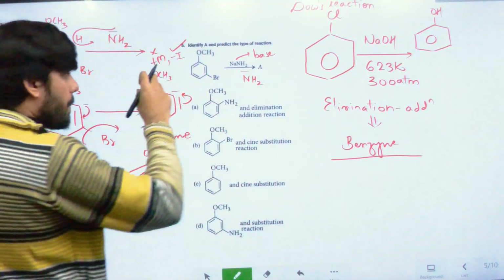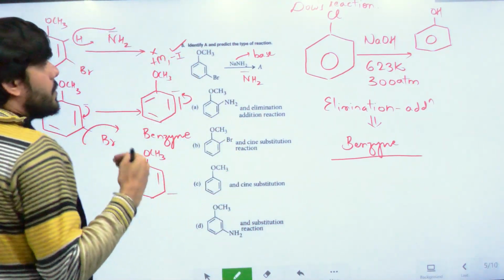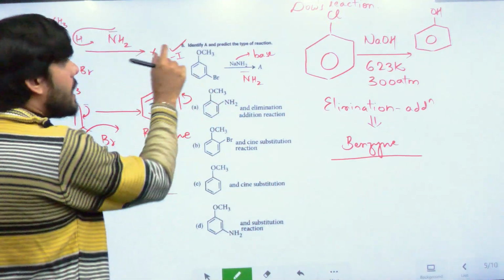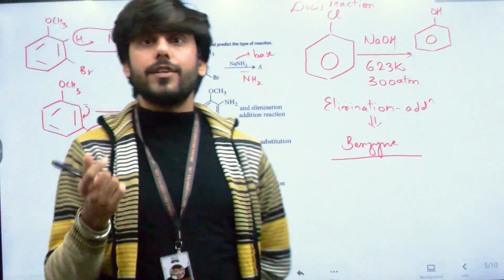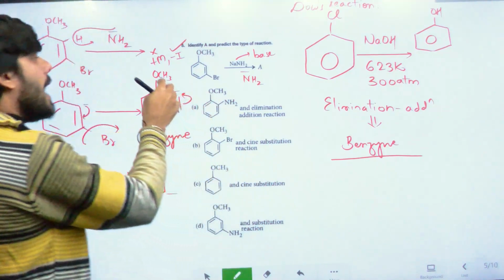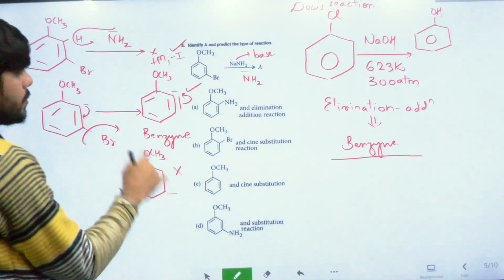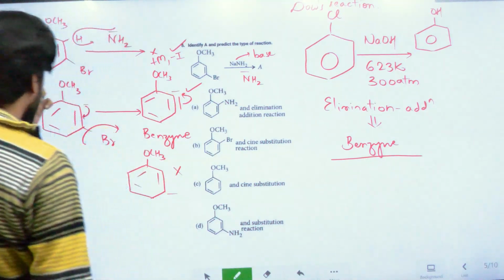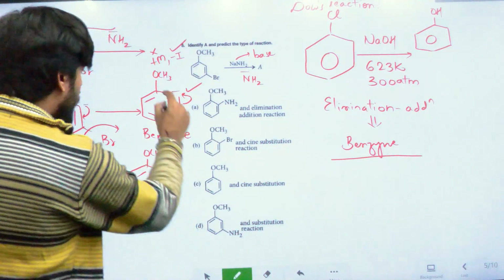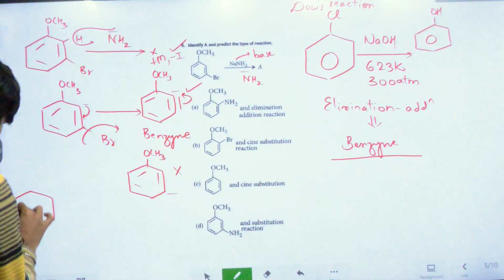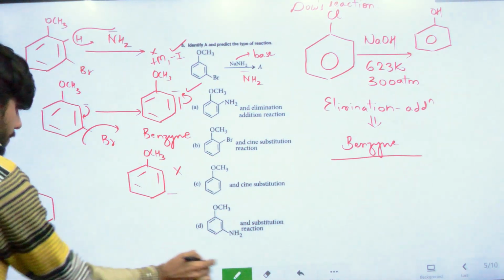So this OCH3 is stabilizing the negative, and since inductive effect is distance dependent, obviously I will consider this particular species to be more stable than this. So this is not formed, this is formed. Now this is the major one. So what happens? Now I have this.